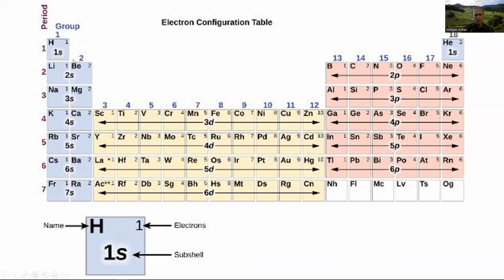So copper has 1, 2, 3, 4, 5, 6, 7, 8, 9, 10, 11, 12, and then 18, 19, 20, 21, 22, 23, 24, 25, 26, 27, 28, 29. So copper has 29 electrons, and of those 29 electrons, the outermost electrons are the 2 electrons in the 4s shell, and then 1, 2, 3, 4, 5, 6, 7, 8, 9 electrons in this 3d shell, right?